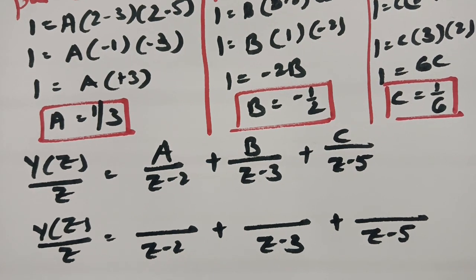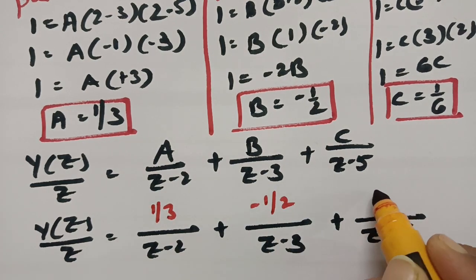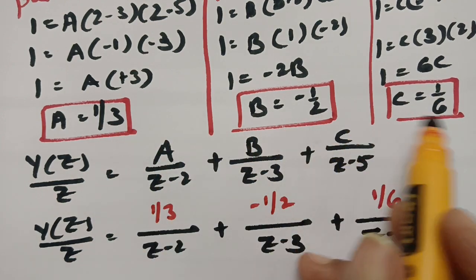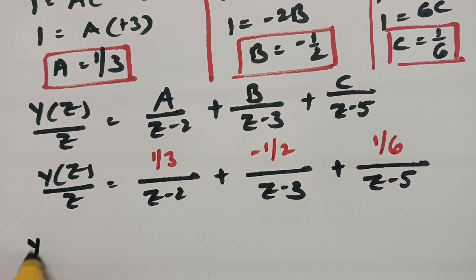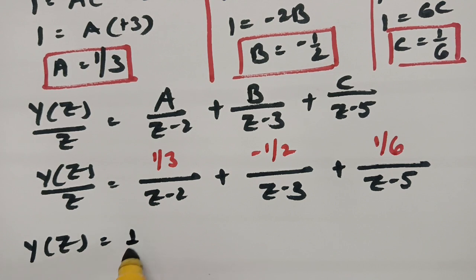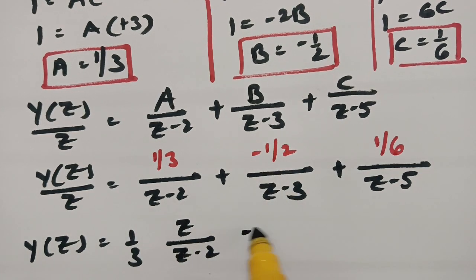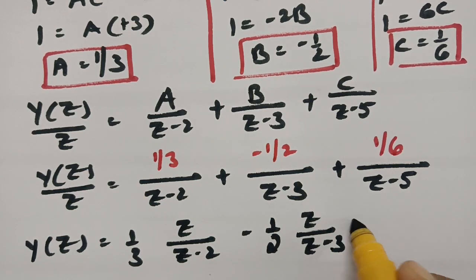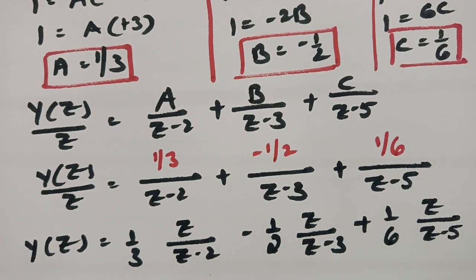In this equation, if I substitute all the values, what is our A value? A value is nothing but 1 by 3. B value is nothing but minus half. And C value is nothing but 1 by 6. If I substitute these values and send this z to the other side, Y of z is equal to 1 by 3 times z by (z minus 2), minus 1 by 2 times z by (z minus 3), and 1 by 6 times z by (z minus 5).